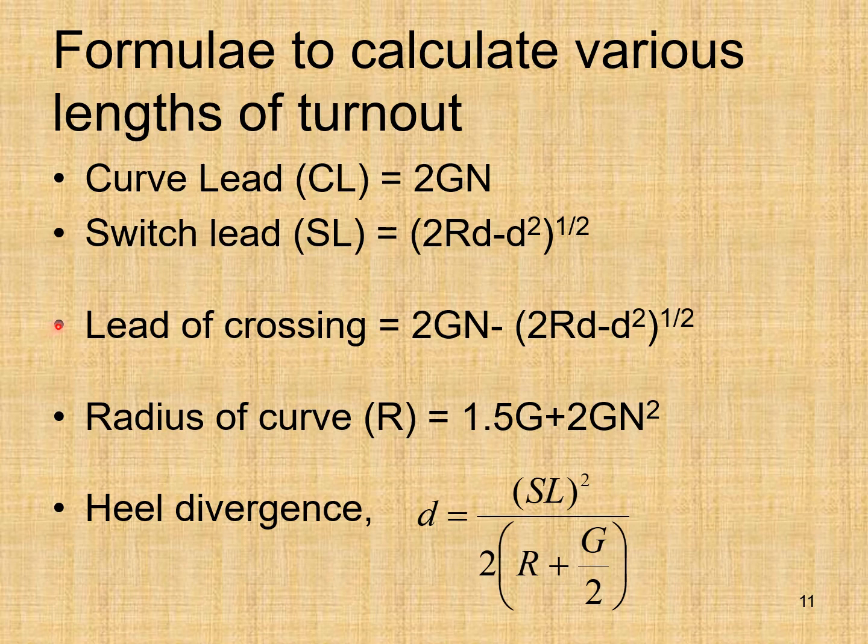For the lead of crossing, G, N, R and D are to be used. For the radius of curve, G and N are to be used, and the heel divergence can be calculated by using this formula. And for the switch lead, R, the radius, and the gauge are required.